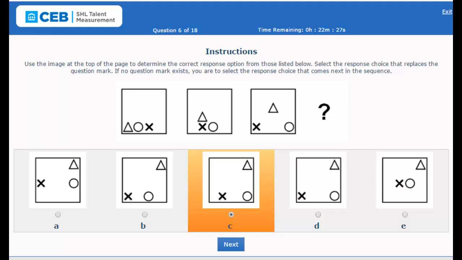Let's begin with the first shape, let's say the triangle. If we follow the displacement of the triangle into its following frame in the sequence, we see that it moves diagonally by one position with each following frame.